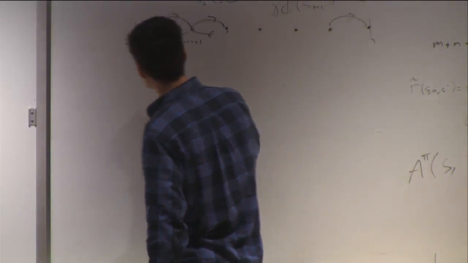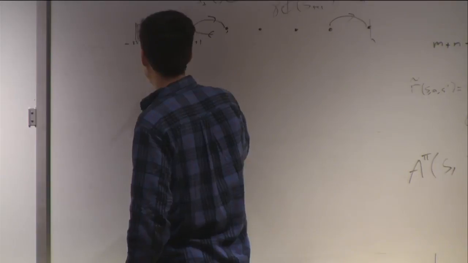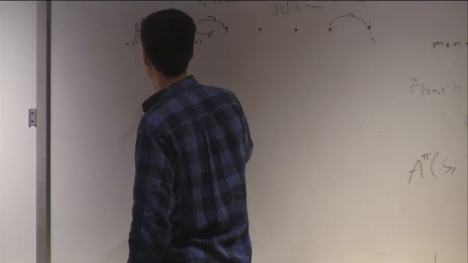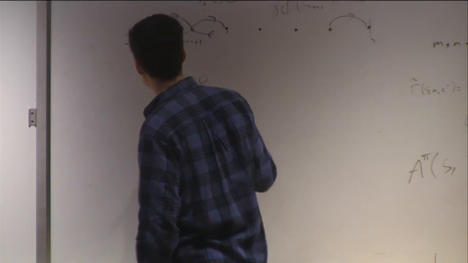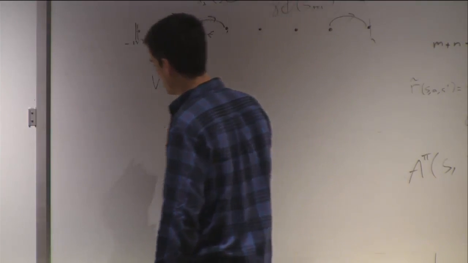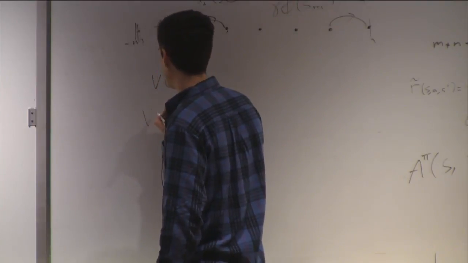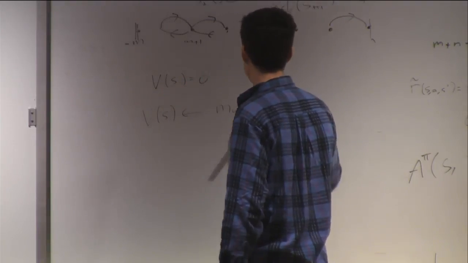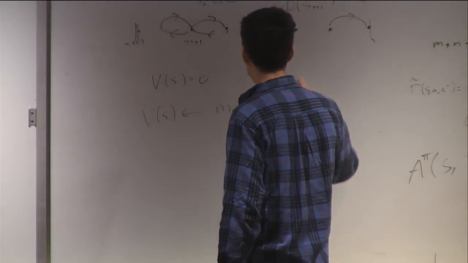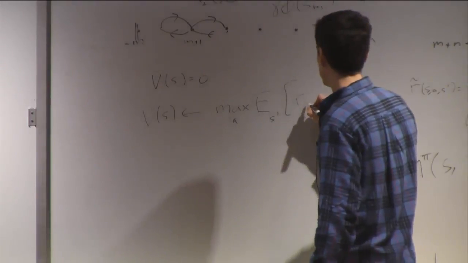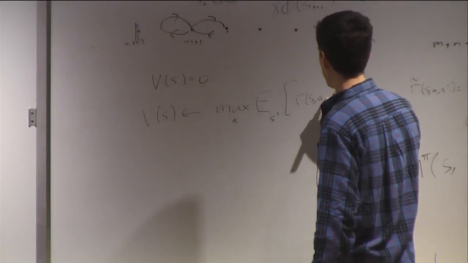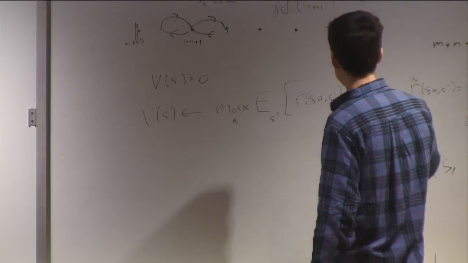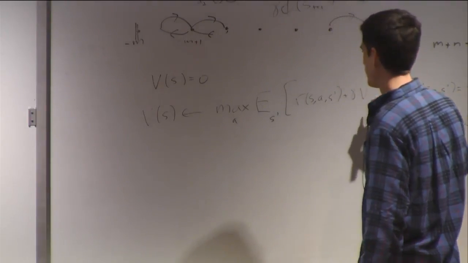So we have, let's initialize v of s to be 0 everywhere. And then we want to do value iteration. So we're setting v of s to max over actions of expectation over s prime of reward of s, a, s prime plus gamma times next value.